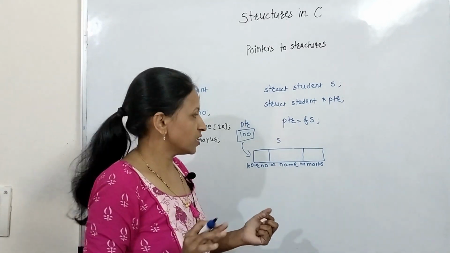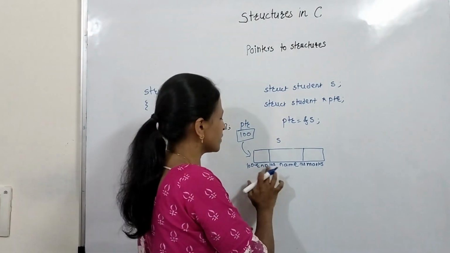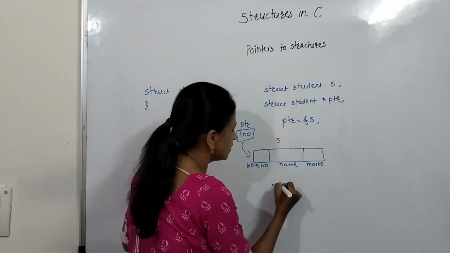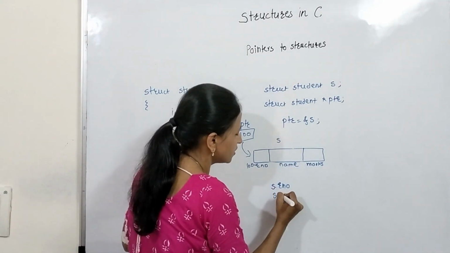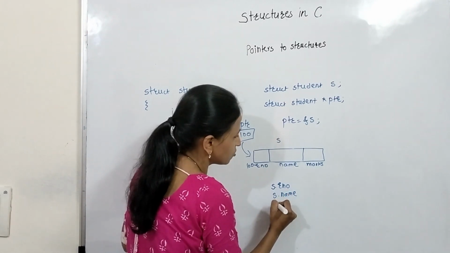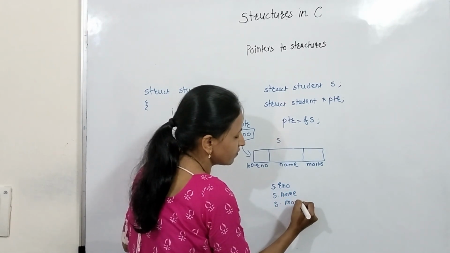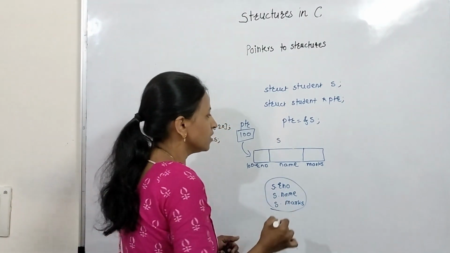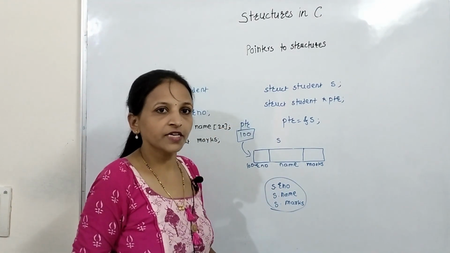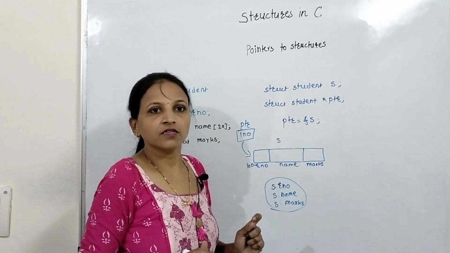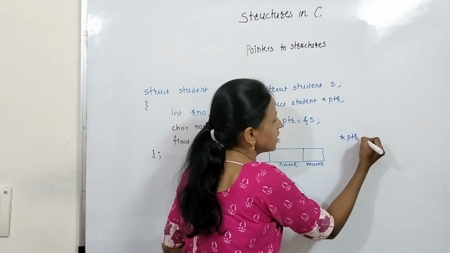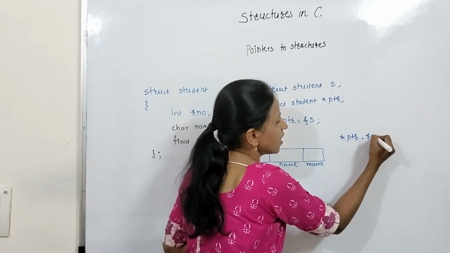How? See, we know we can access individual members of that structure like s dot rno, then s dot name, s dot marks, in this way. Okay, we can fetch like this. Instead of s we can also write there star ptr. See, in this way, like star ptr dot rno.